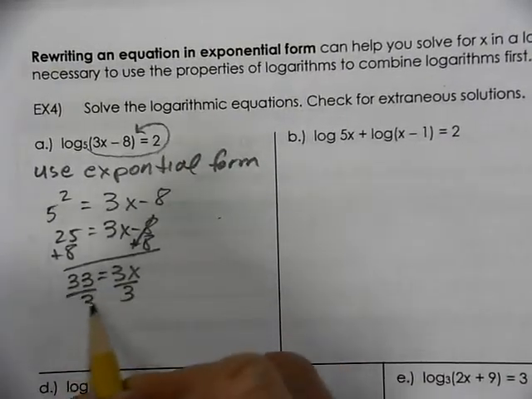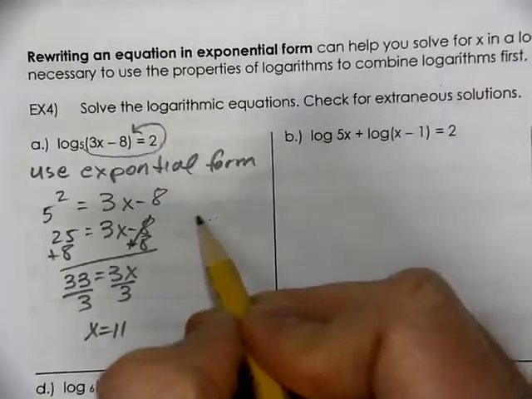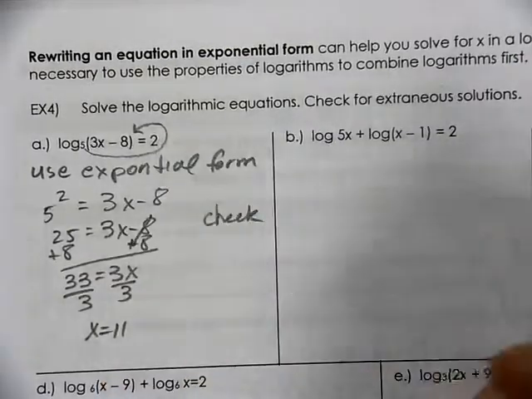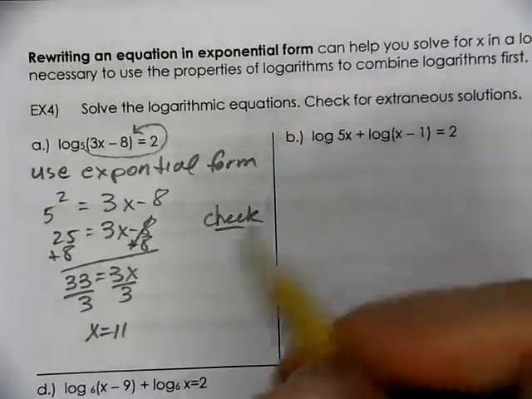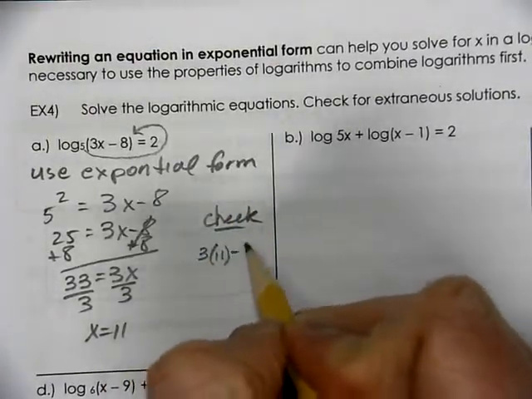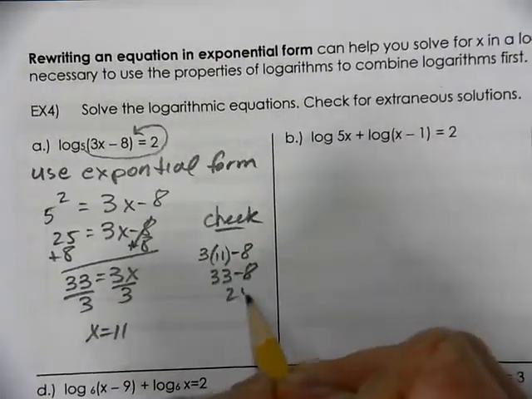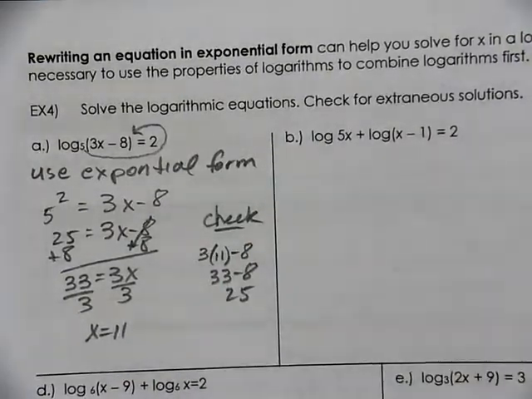Divide by the 3. And x equals 11. We can check that when we plug in our 11, we get 3 times 11 minus 8, which is 33 minus 8, which is 25. That's a positive number. So most likely that's going to be fine.